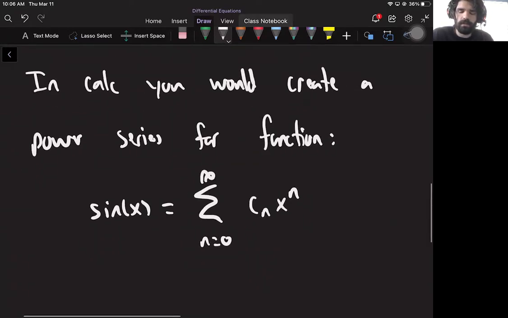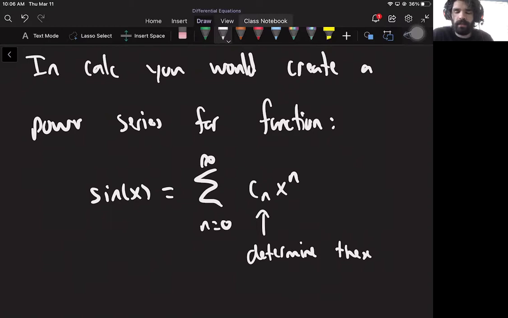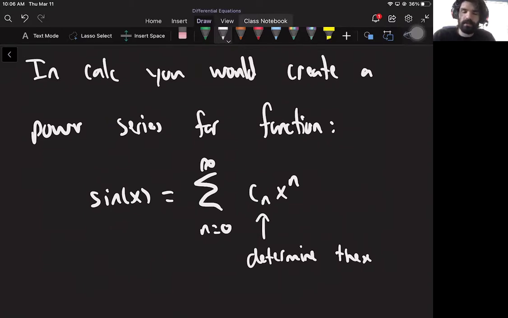And this means that you were doing that around the point x equals 0. And then you would determine these somehow. And then the idea was, what you're doing is you're saying that sine can be thought of as this infinite sum around the point 0.